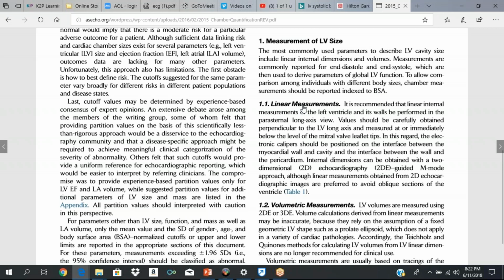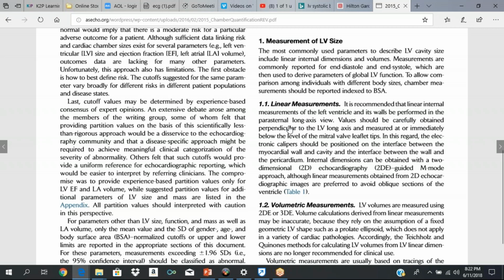So you need to know the difference between your linear measurements and your volumetric measurements. So the linear measurements, as we pointed out before, in your parasternal long axis view, in diastole, the values that you're going to get in diastole are septal thickening, LV cavity size in diastole, the posterior wall, and the aortic root. So it is recommended that linear internal measurements of the left ventricle and its walls be performed in the parasternal long axis view.